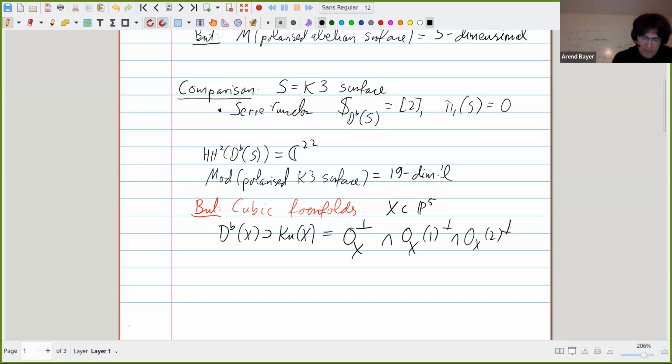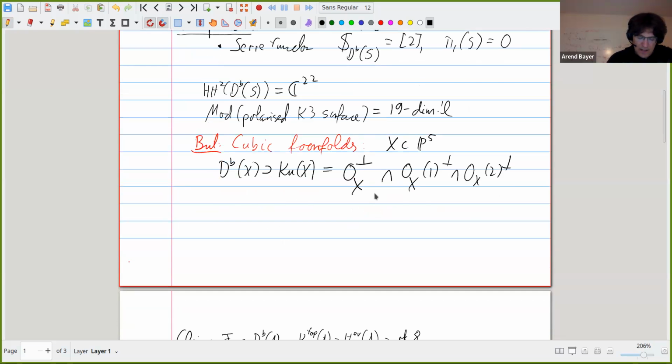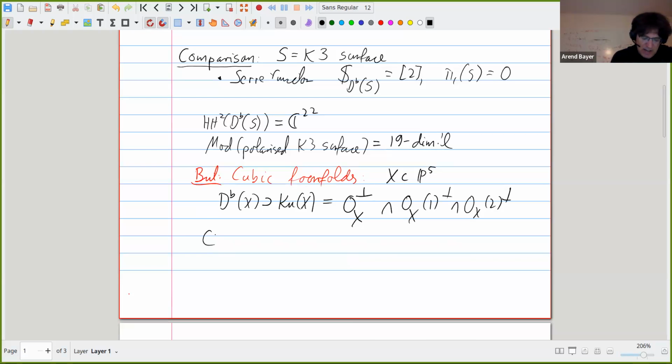This is a CY2 category, by which I mean this property here. And for special cubic fourfolds, it's equivalent to the derived category of a K3.